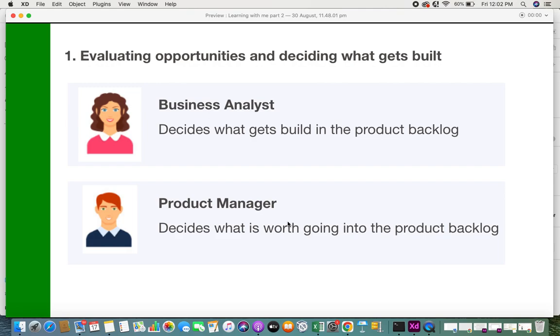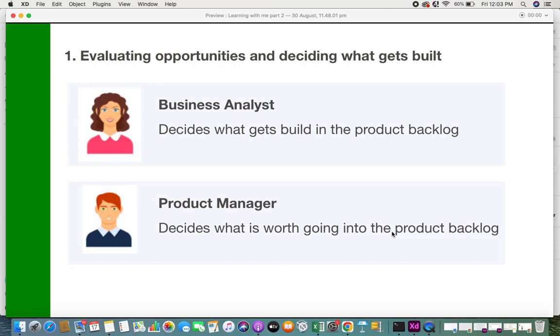But when it comes to a product manager, working with a product, the product manager is solely responsible for deciding what is worth going into the product backlog. There's no client or anything, or if at all you get feedback, the product manager needs to really take this decision, needs to do a lot of analysis and put a lot of thought process into it to see whether, if I'm adding some feature or story to my backlog, is that really valuable?